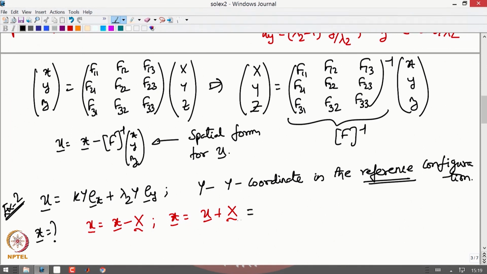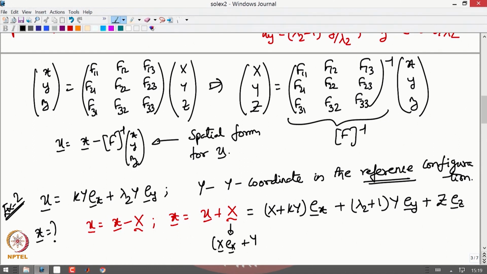So, directly I can add this up and I will get x plus kappa y Ex plus (lambda 2 plus 1) y Ey plus z Ez, where this capital X is written as x Ex plus y Ey plus z Ez, and this displacement field is from what is given, it is kappa y Ex plus lambda 2 y Ey. So, if I add these two, you will get this equation.